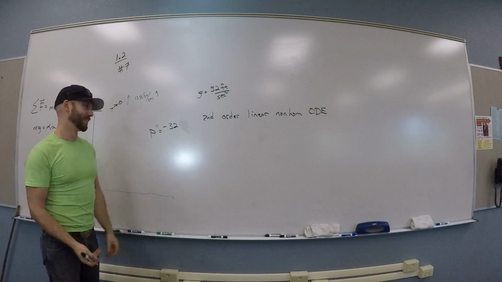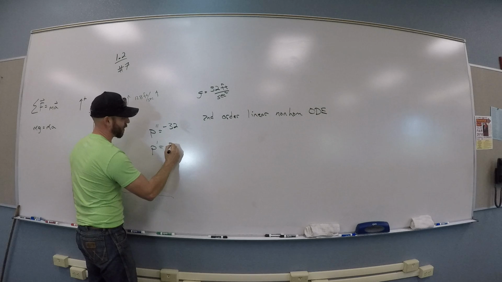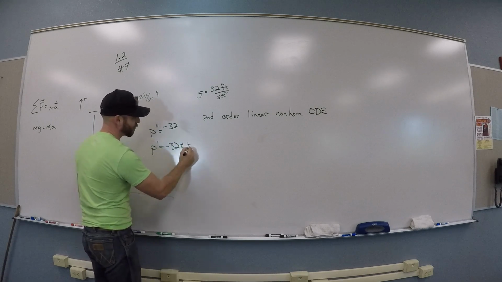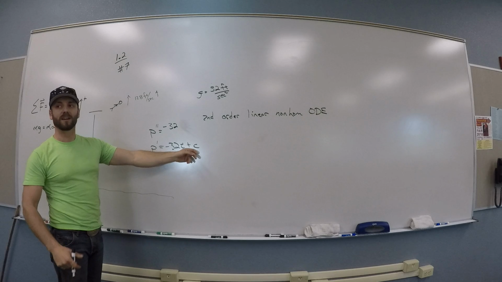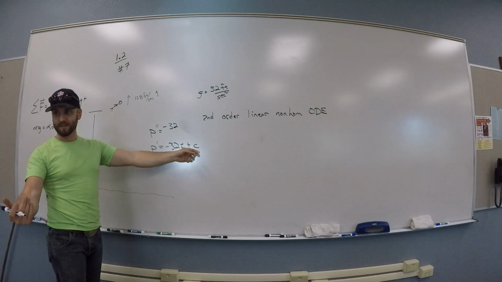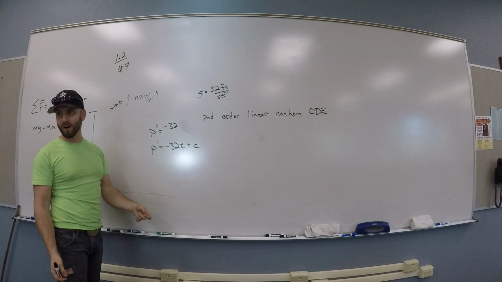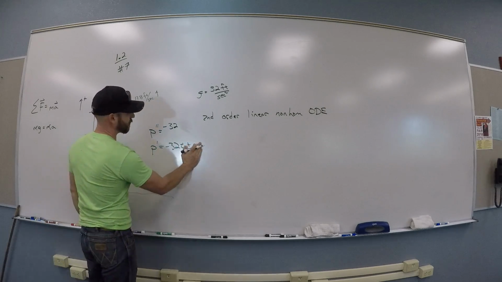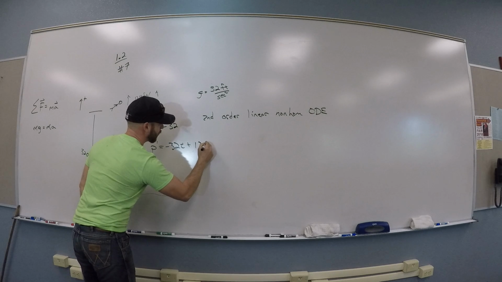So integrate both sides, you get p prime is minus 32t plus a constant. This constant's the initial velocity, because if I plug in t as 0, I get p prime at 0. The initial velocity is 128, so you put that here.